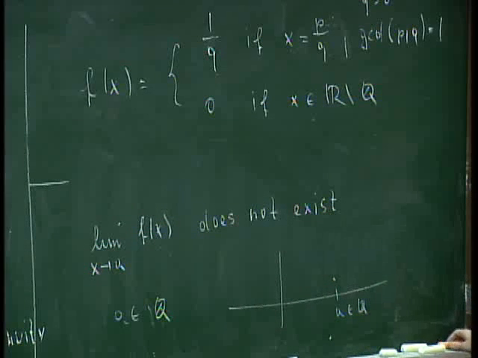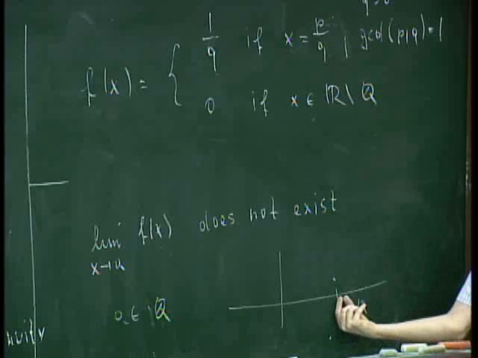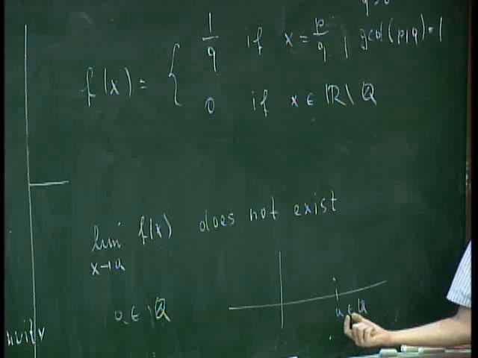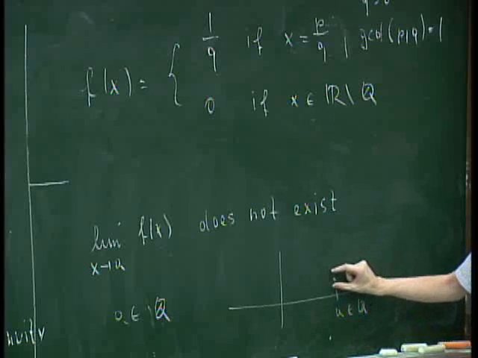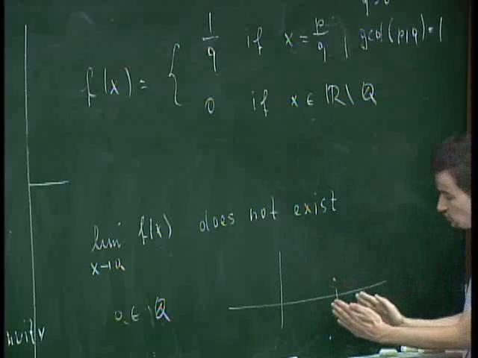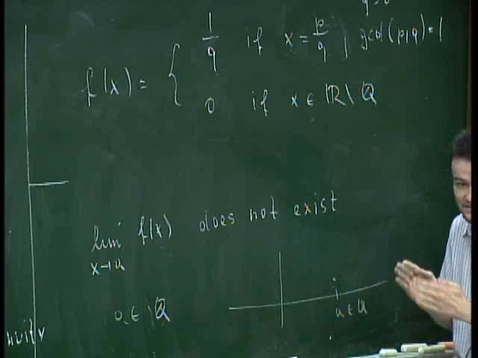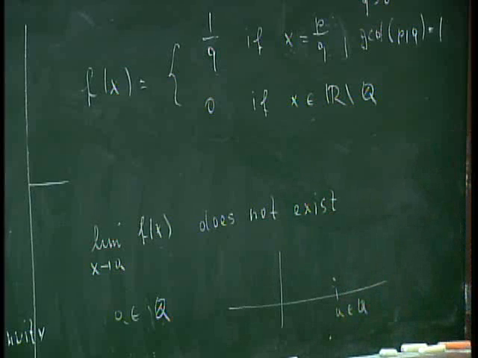But you know if you are close to a, there are always irrational numbers which are mapped to 0. So for a rational number, it's possible to find a small epsilon such that no matter how small you make delta, there are always function values inside the delta interval which are mapped outside the epsilon strip.